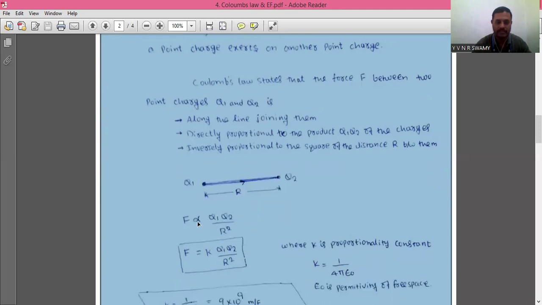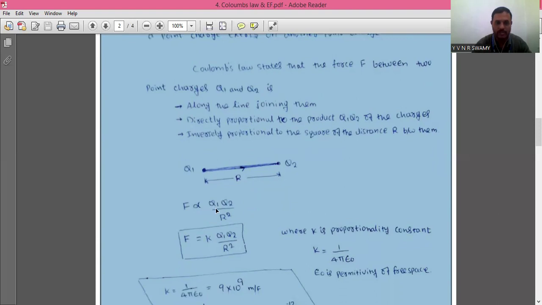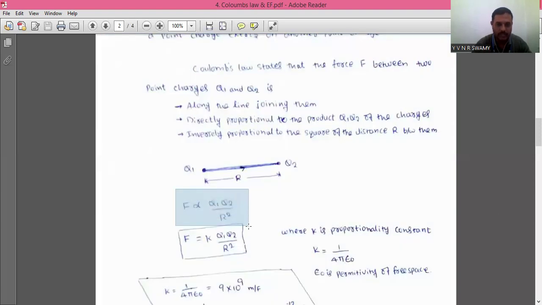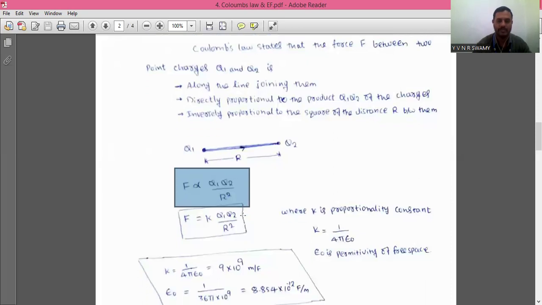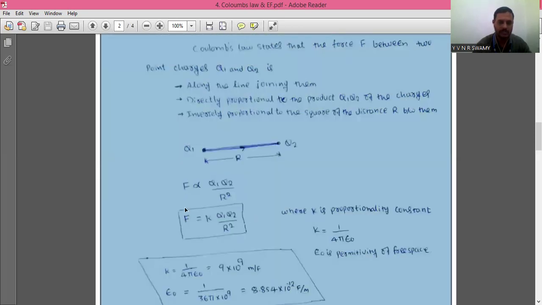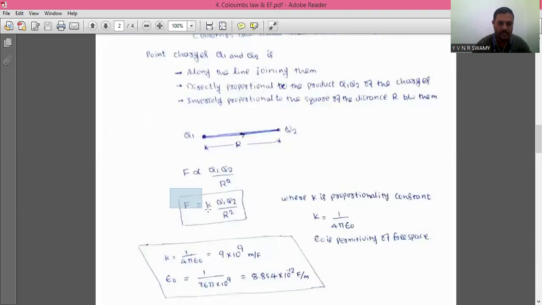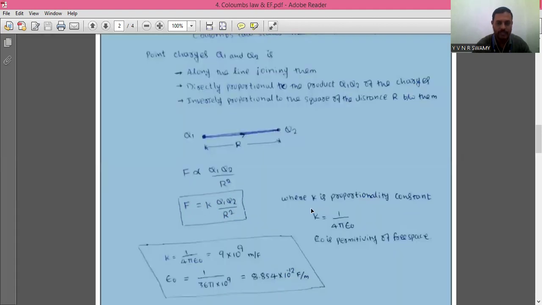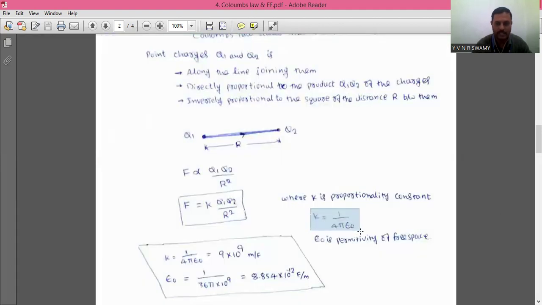Mathematically, F is directly proportional to Q1 Q2 by R square, so F is equal to K into Q1 Q2 by R square, where K is the proportionality constant and its value is 1 by 4 pi epsilon naught.